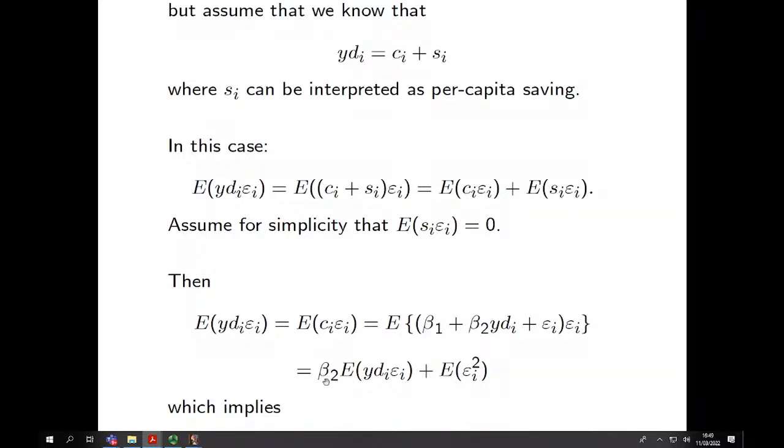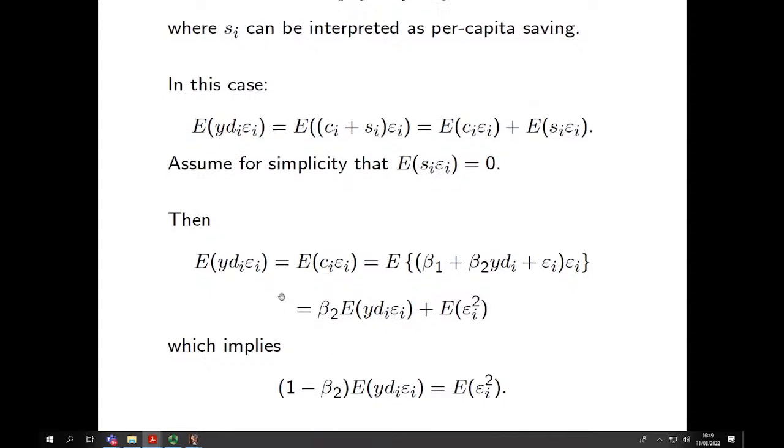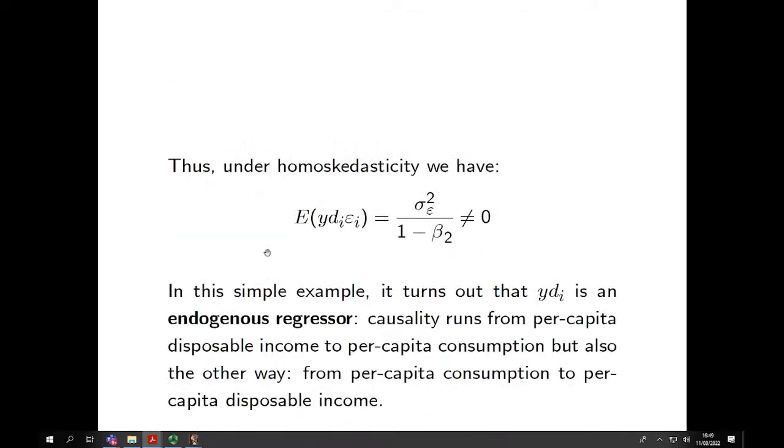Okay, so I have beta 2 times the expected value of disposable income times the error, and then I have the expected value of the error squared. And so I can bring this term to the left-hand side.